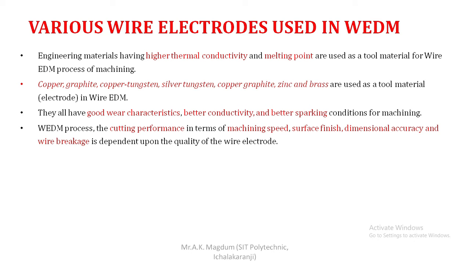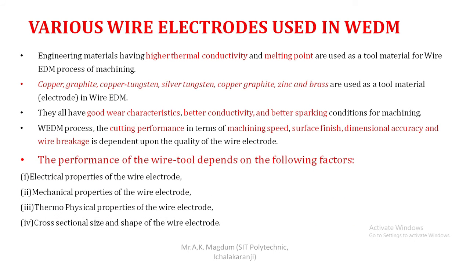All this cutting performance depends on the properties of the wire: how much the machining speed is, what surface finish you get at the end of machining, what dimensional accuracy you can maintain, and how much wire breakage takes place at the time of machining. It totally depends on the wire properties. That's why the quality of the wire, and so the wire material, is a very important factor in the wire EDM process.